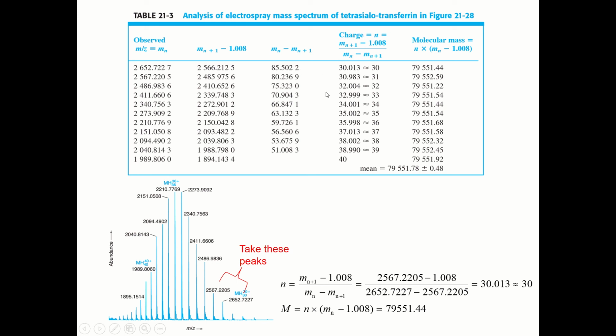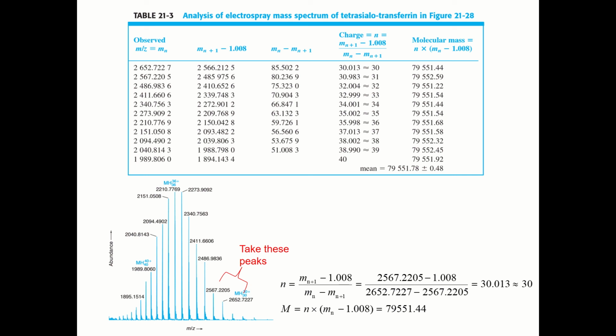Taking the first one, you get 30. If you take this one and this one, you get 31. This one is 31 protons in the structure.